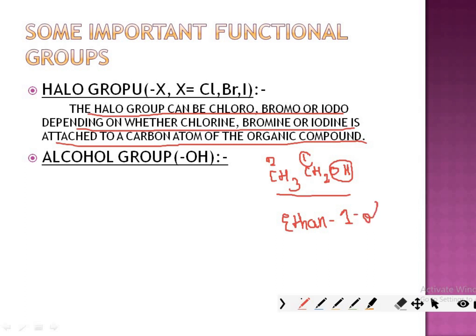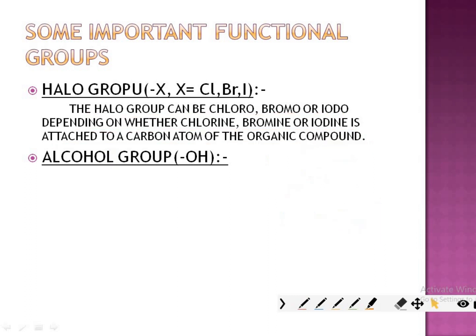The suffix we use for OH is ol, which comes from alcohol, ol group, okay. So it is ethan-1-ol. We also call this ethyl alcohol. It is the common alcohol that everybody generally drinks, okay.